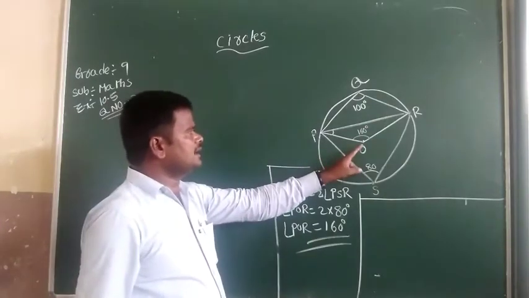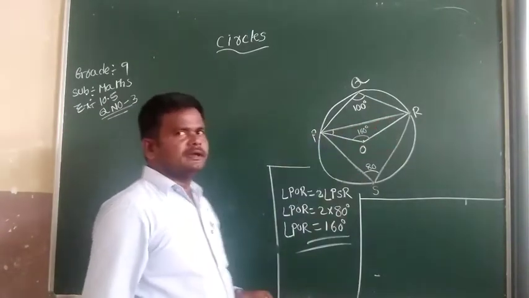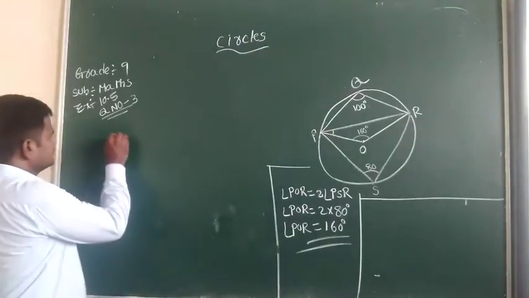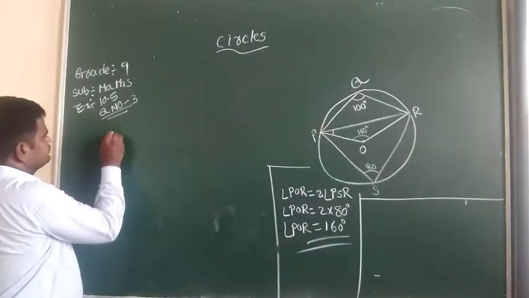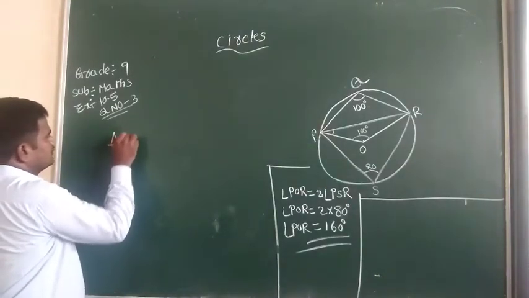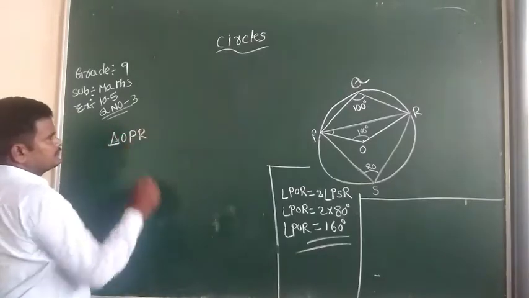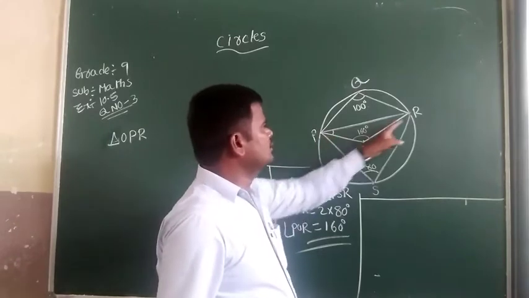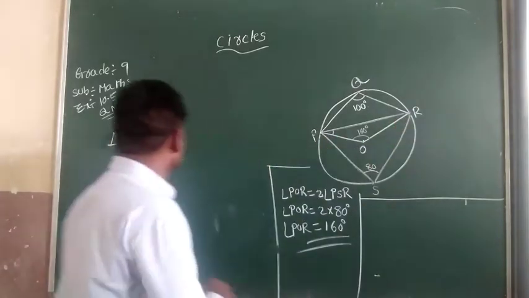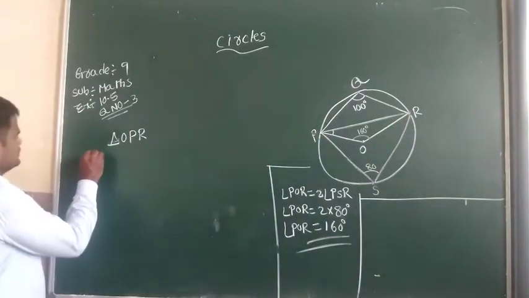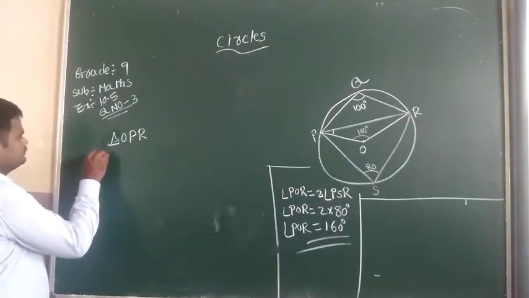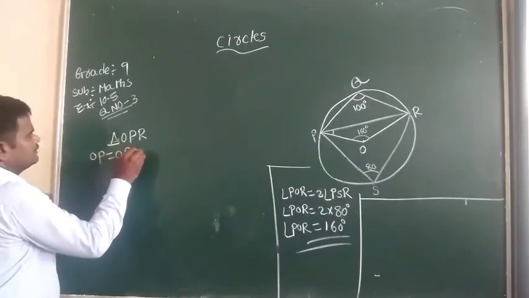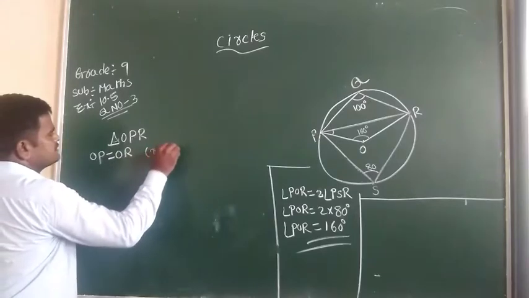Now take triangle OPR. In triangle OPR, OP equals OR. What is the reason? Radii of the same circle.